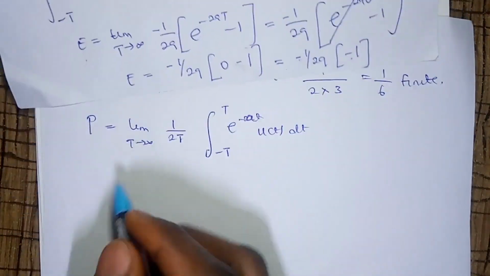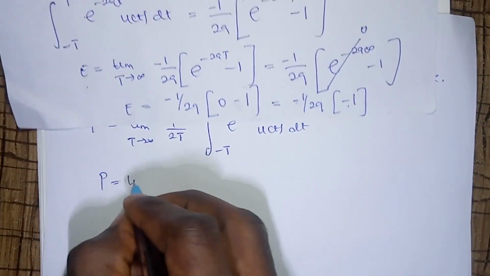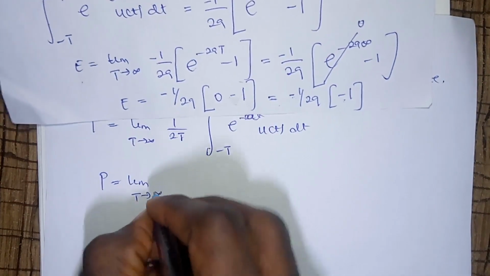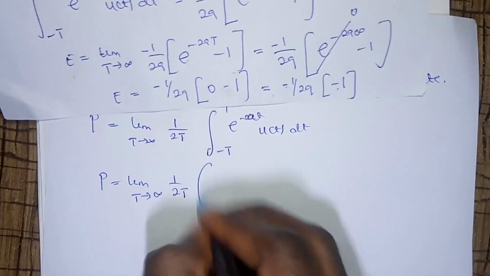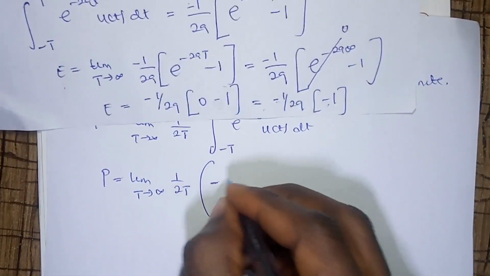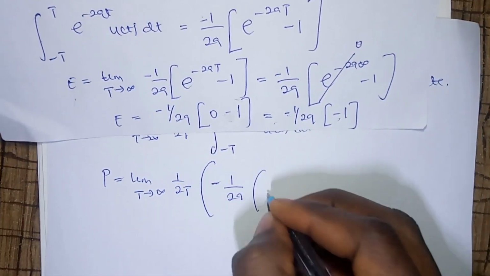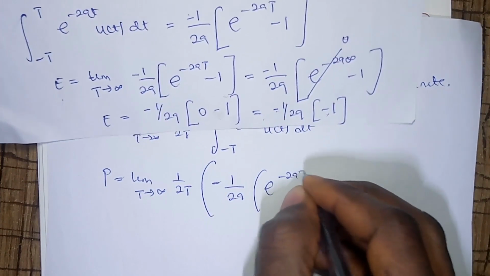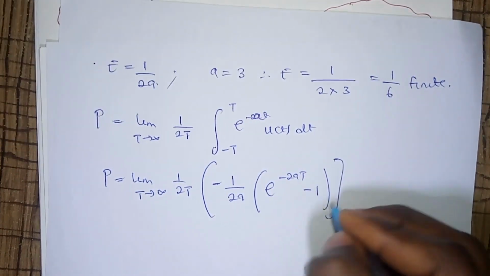So if that's the case, P is equal to the limit as t tends to infinity of 1 over 2t, substituting the integration, which is negative 1 over 2a, open bracket, e to the negative 2at minus 1.